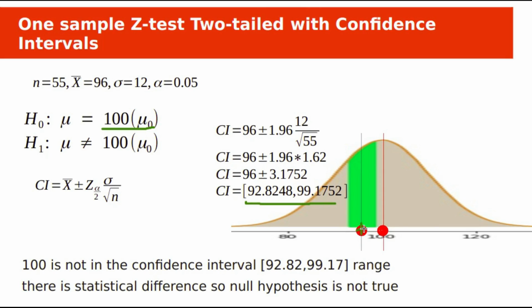This is the sample mean. The constructed confidence interval is from 92.8 to 99.2. This is the actual population mean 100, which is not in this interval range. So there is a statistical difference. We will reject the null hypothesis. It will be rejected and the alternate hypothesis will be accepted.